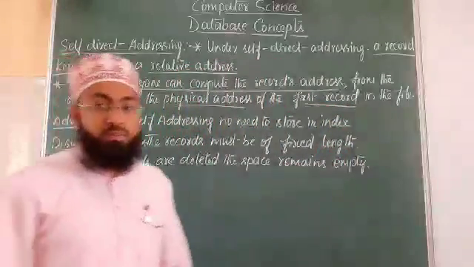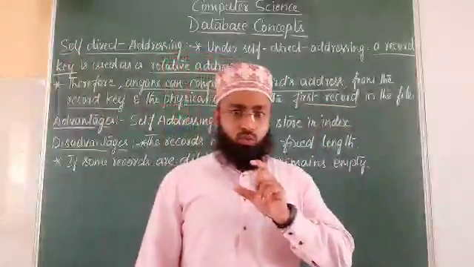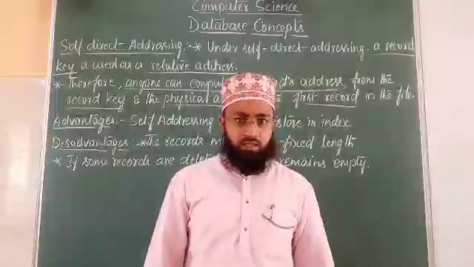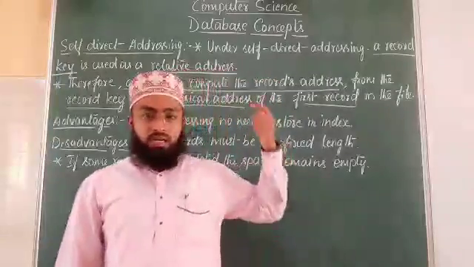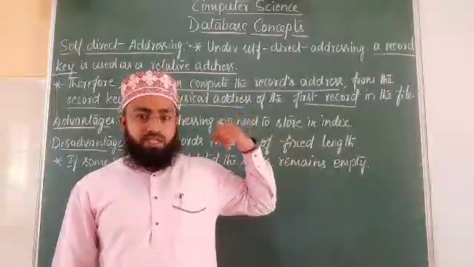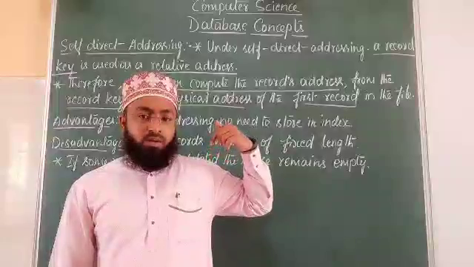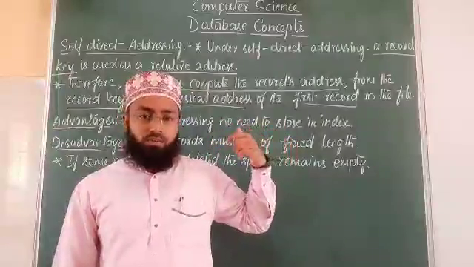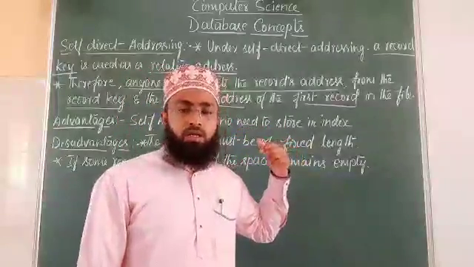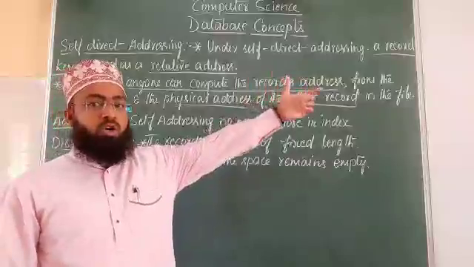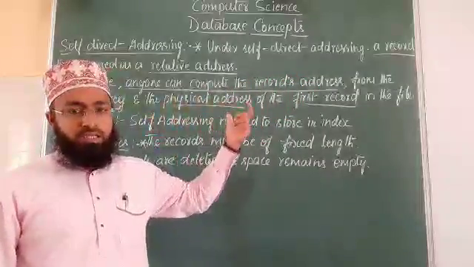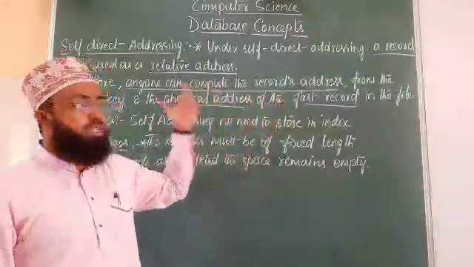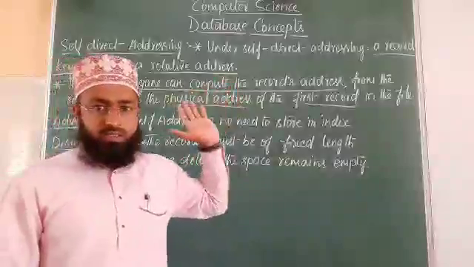Physical address means in which place the record is stored. It is called the physical address. In this method, the physical address of the first record of the file can be found easily, and the record key itself will act as the relative address.